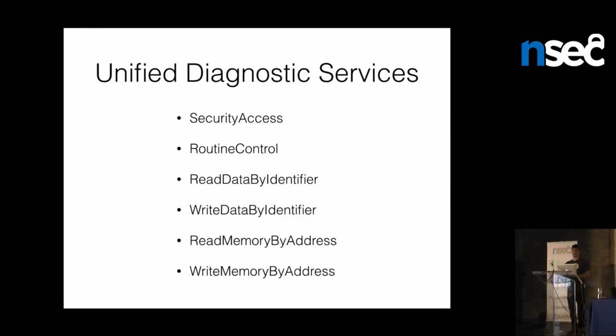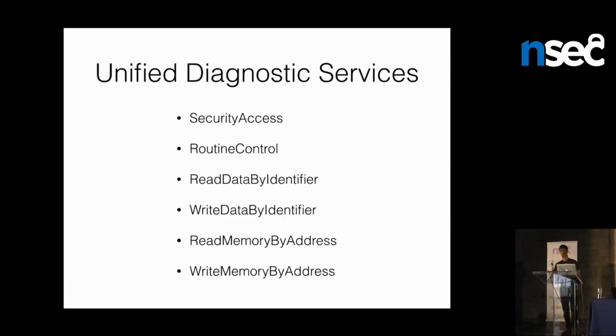So the read data by identifier and write data by identifier, these are things like a VIN number or an oil pressure, both readable and writable. Some stuff is going to be read-only because it's temporal, like oil pressure, other stuff is going to be secured so that you can only write to it if the car is in security access mode.